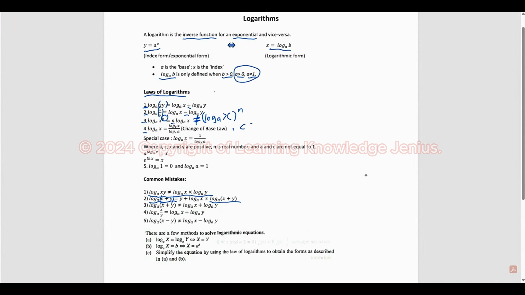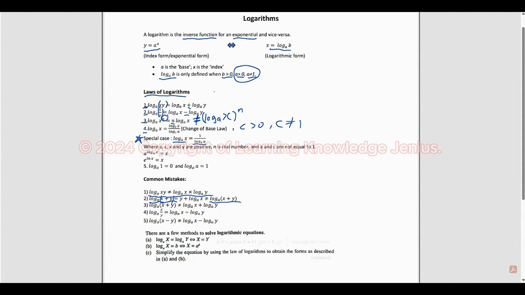So that means the c has to be more than 0 and it cannot equal 1. A special case you need to take note of is log a x equal to 1 over log x a. So this is something you can play around with.